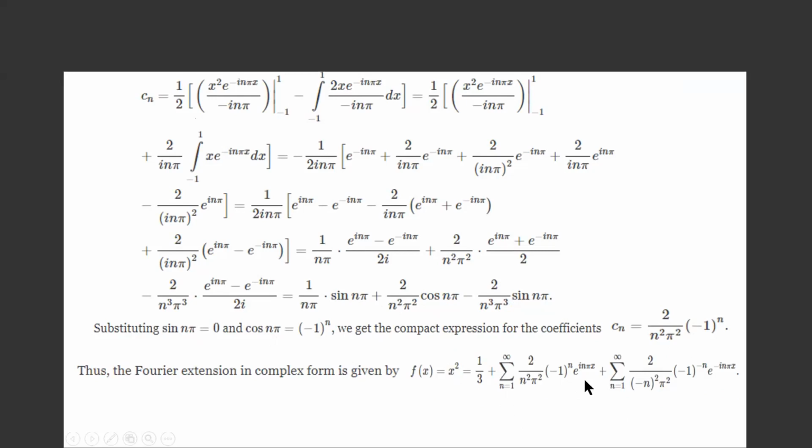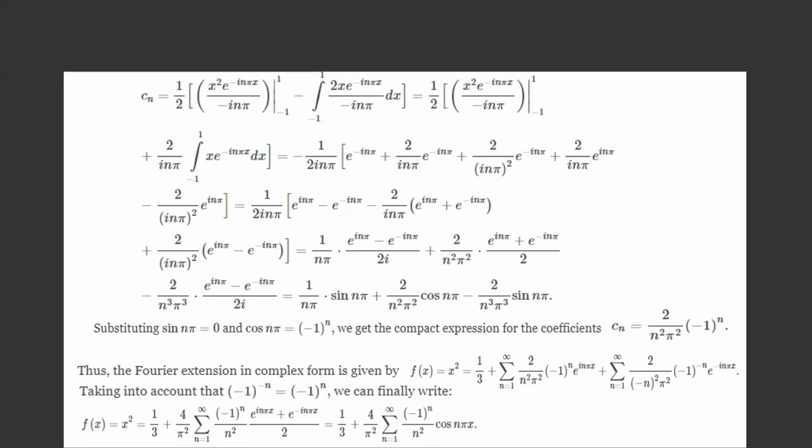And this is an even function, so it will include only cosine. So I split this sum in the complex Fourier series into two sums, one for the even values and the other for the odd values, as I said here.